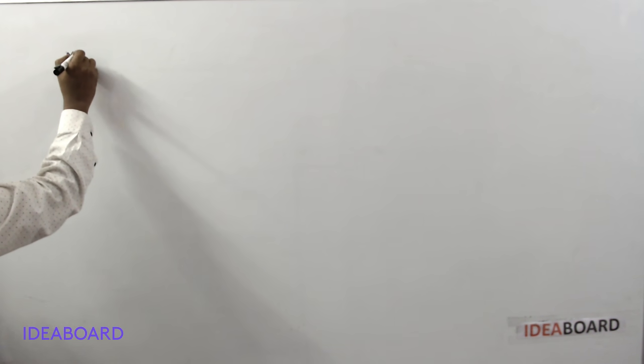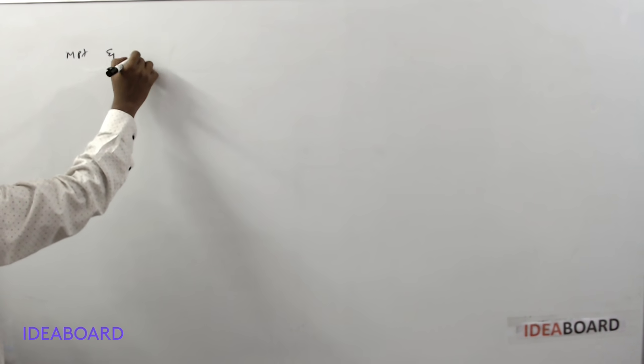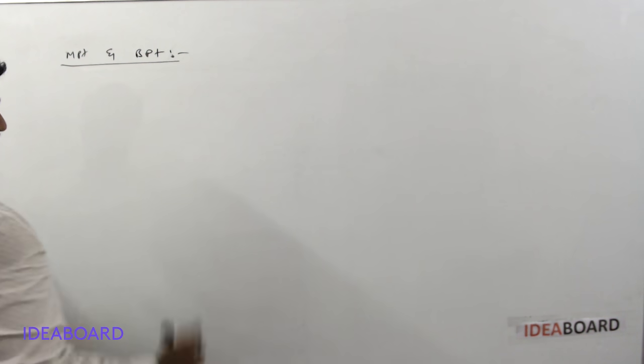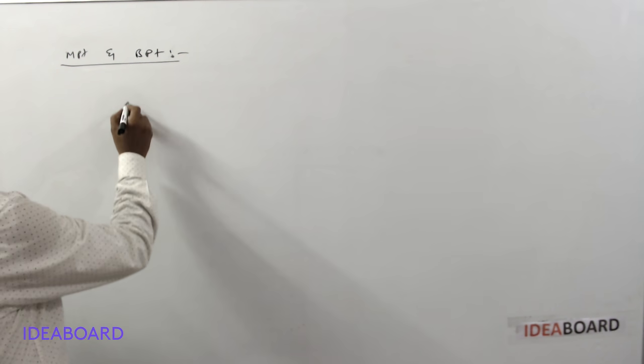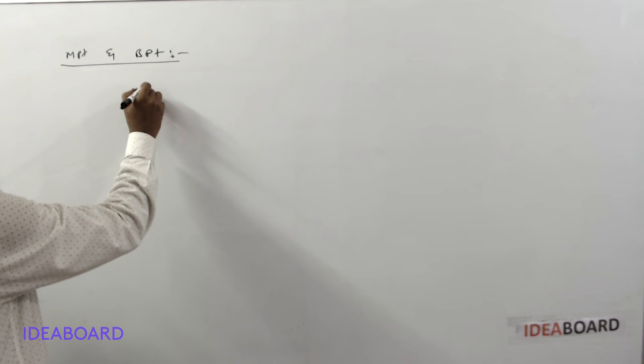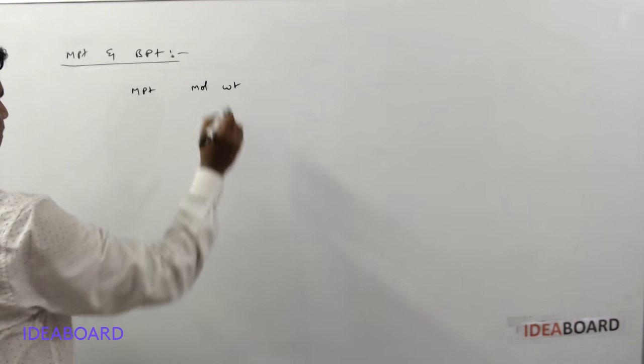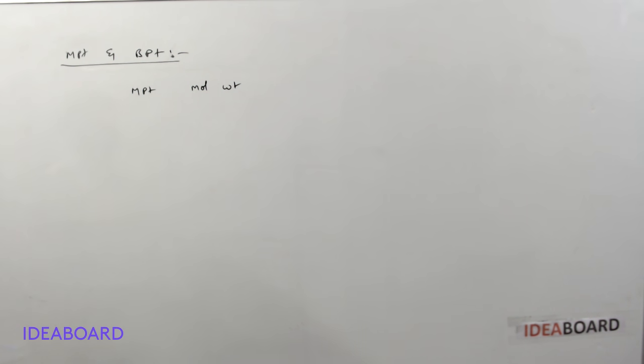Next point, melting points and boiling points. Melting points and boiling points generally depend on two factors mainly. One is molecular weight, and the next is branching.